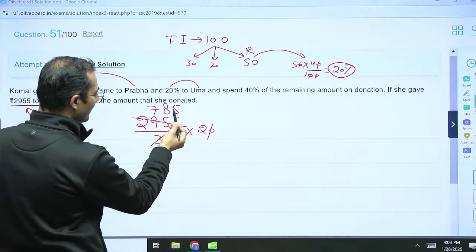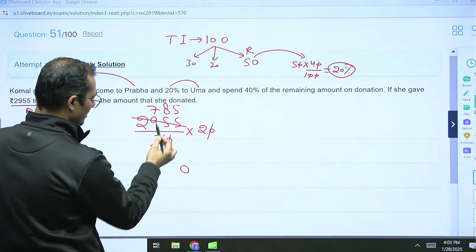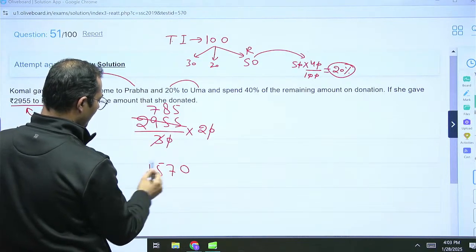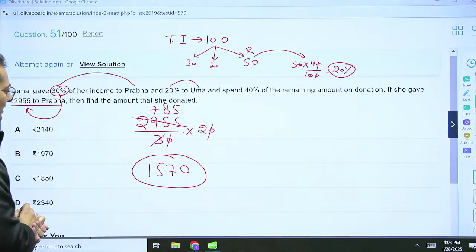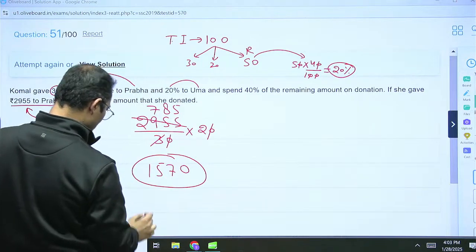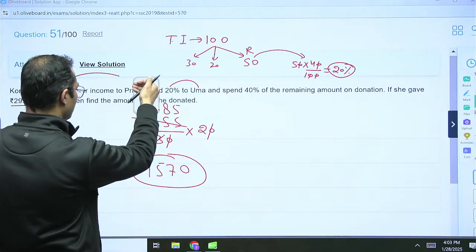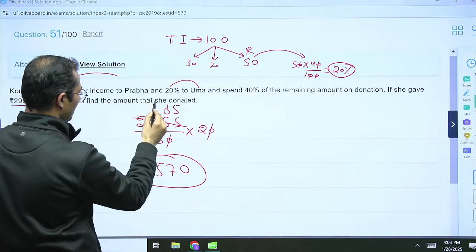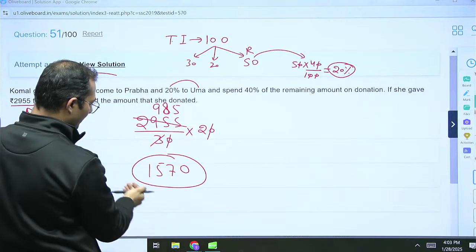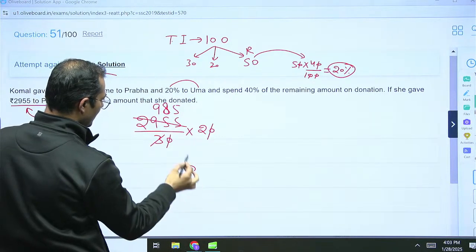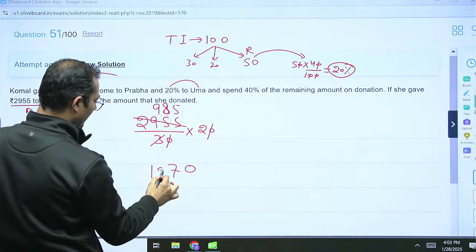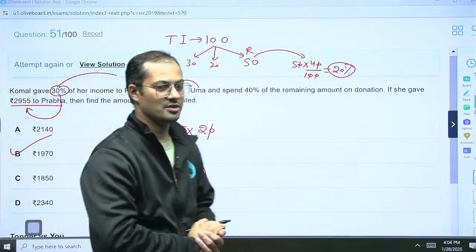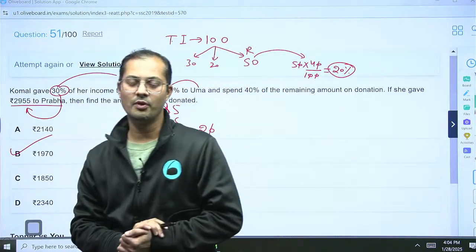Sorry, 3 9s are 27. So simply we get 1970, carry 1. So 1970 is the right answer. Option B is the right answer.